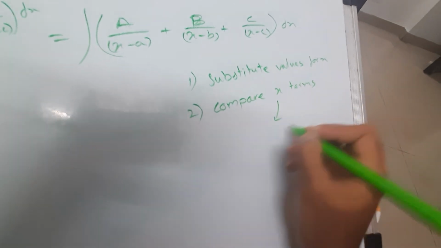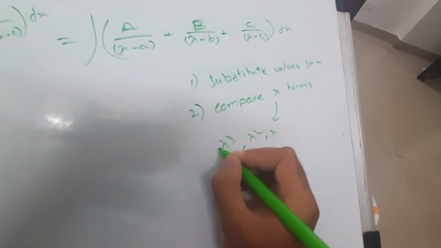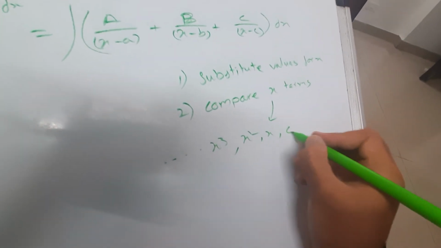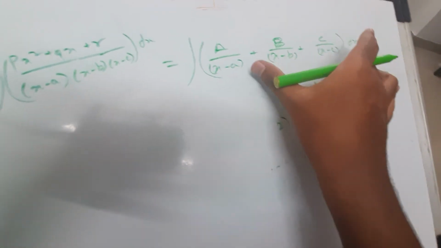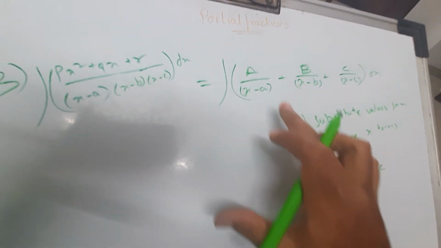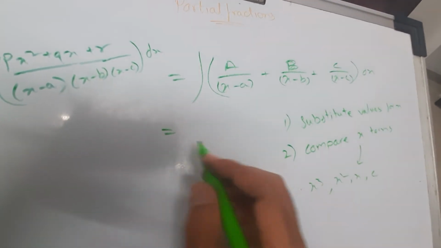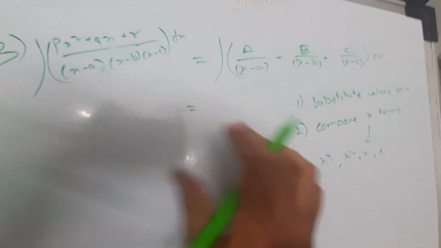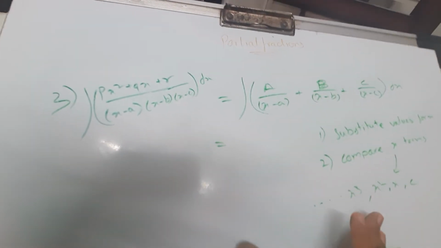When I say x terms, they can also be x squared, x cubed, and so on, and then constant terms. From this you're going to get A, B, C, and from this A, B, C, you just integrate it as normal, splitting it separately and integrating it normally, and that's partial fractions in general.